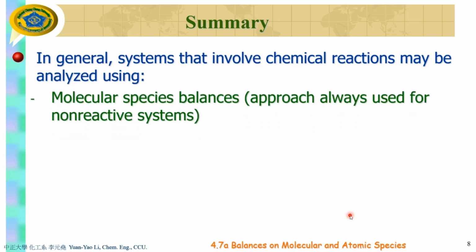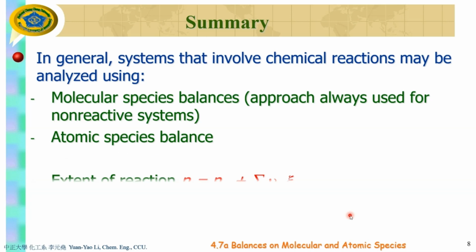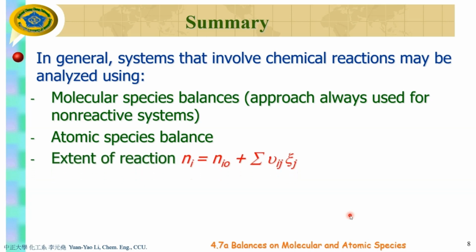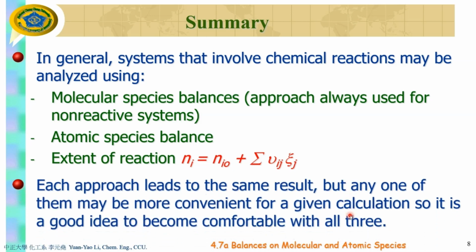First, the molecular species balance, an approach always used for non-reactive systems. That's what we learned before the midterm exam, right? The second, the atomic species balance. And the third, the extent of reaction, which you already learned. Each approach leads to the same result. No matter which method you use, you get the same answer. But any one of them may be more convenient for a given calculation. So it is a good idea to become comfortable with all 3.